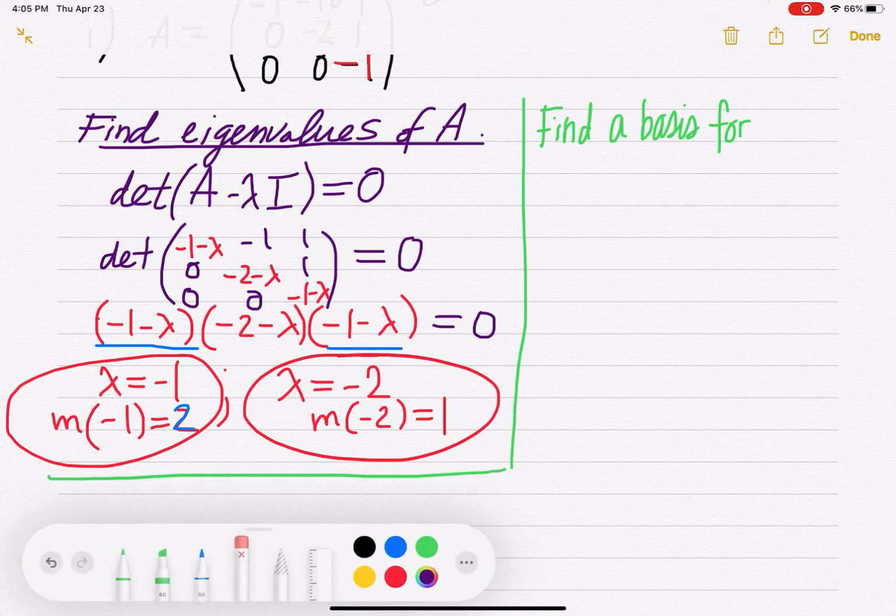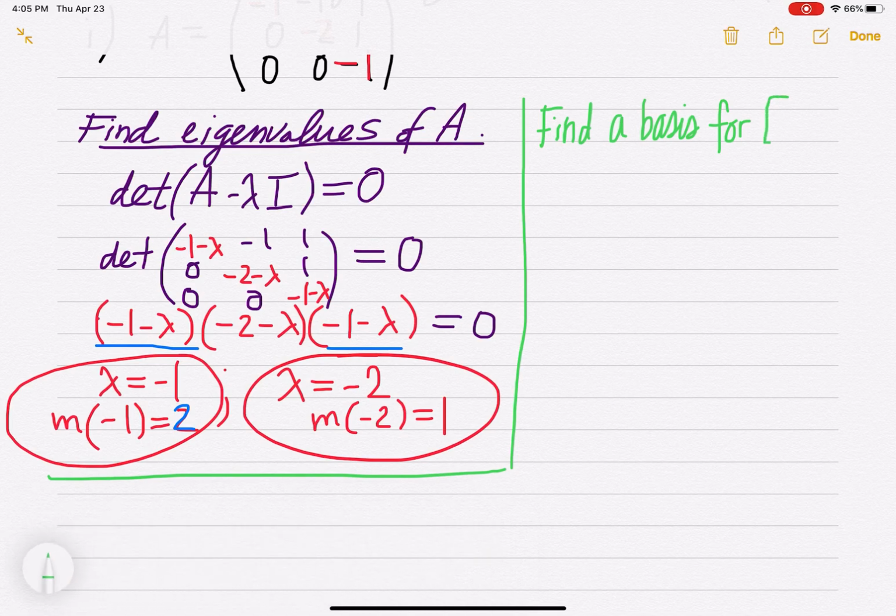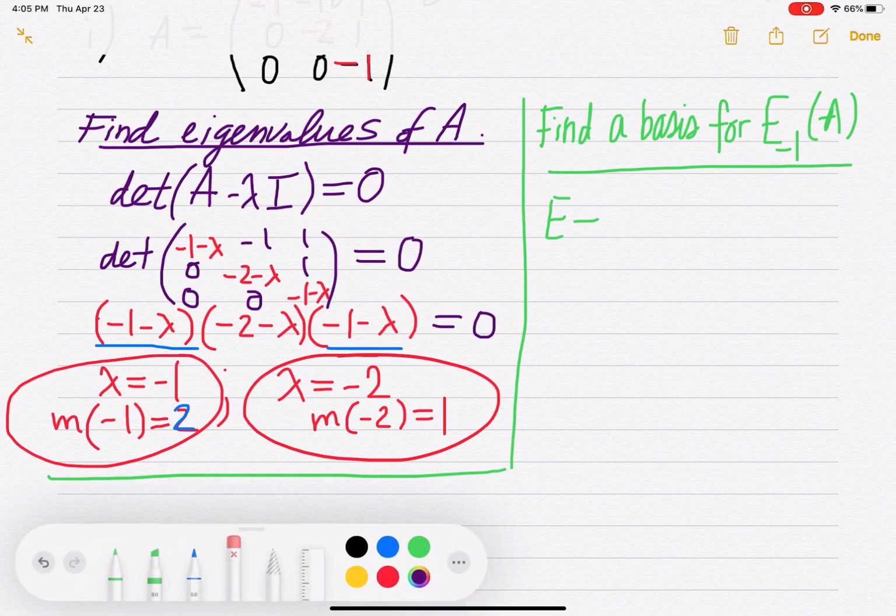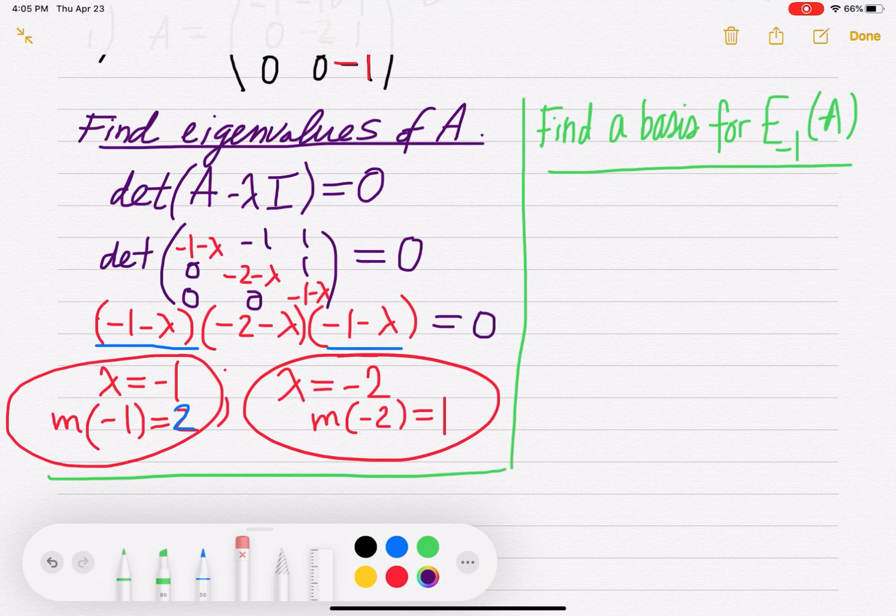Eigenspace should be E. Eigenspace corresponding to the eigenvalue -1 of A. So basically what I have to think about is the homogeneous equation A minus -1 I times vector x equals a 0 vector, representing that in augmented form. I said A, but I didn't write A. My E's and my A's are backwards right now.